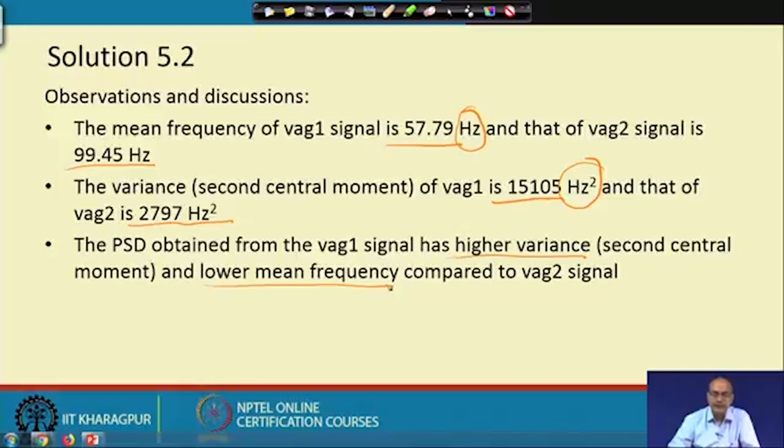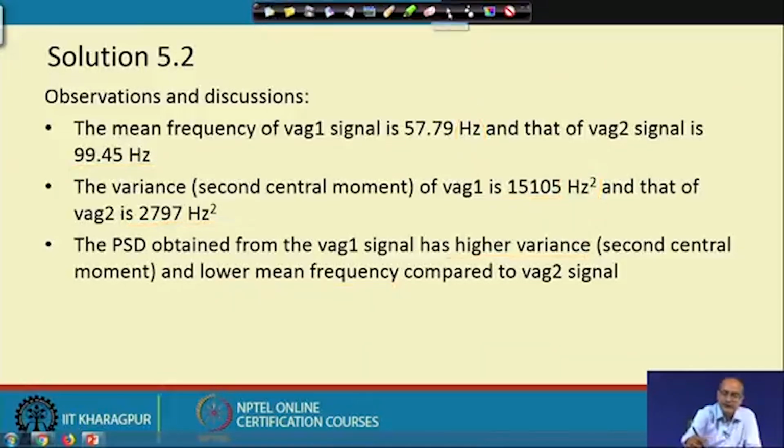Okay. So, that is the trade off we get. The first signal VAG1, the mean is small, but the variance is much higher compared to the second signal.